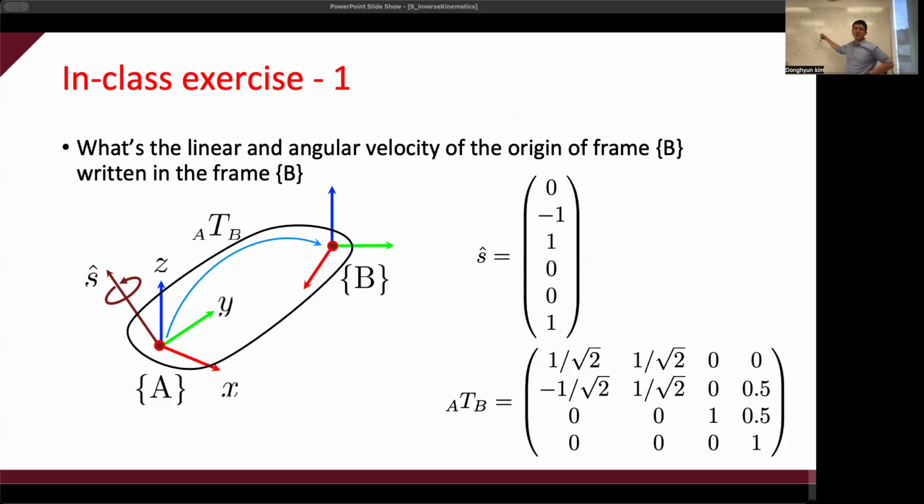But this velocity is currently described in the frame A. So we need to multiply this with this one again. Then at the end, the velocity described in the frame B is -1 over square root 2, -1 over square root 2, and 1. Right?